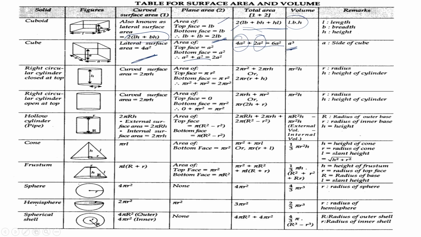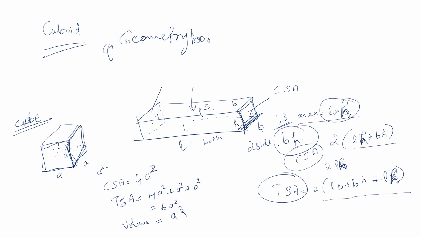The top area will become pi into r square, outer circle minus inner circle. Bottom will also be the same, pi r square, outer r minus inner r. When we add this curved surface area plus top and bottom area, it will give the total area. Then what about the volume? External volume minus internal volume.